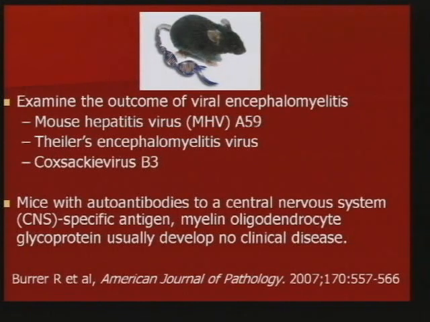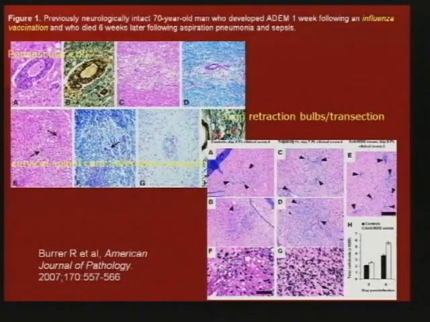And what they found, you could move to the slide, was that they developed ADEM, basically. So they just had to be susceptible, then they gave them these viruses, and then they developed this syndrome.